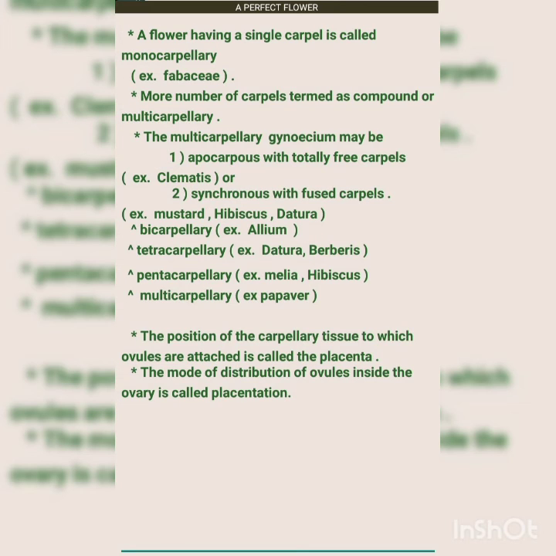The multicarpellary gynoecium may be apocarpous, with totally free carpels, example clematis, or syncarpous with fused carpels, example mustard, hibiscus, datura, etc. Similarly, bicarpellary, example allium, that means 2 carpels.